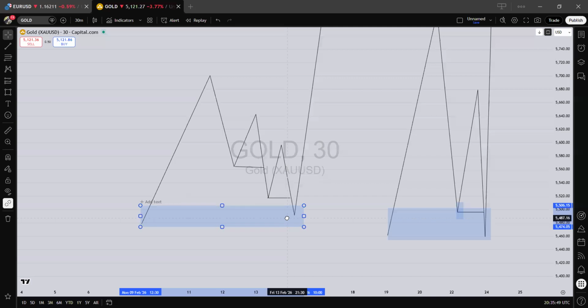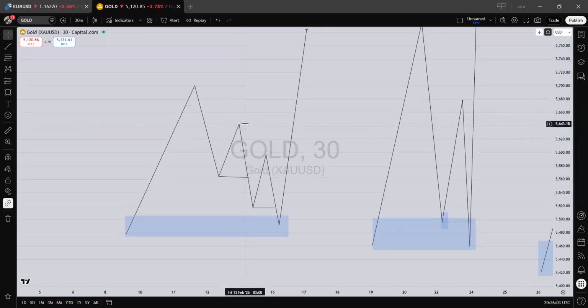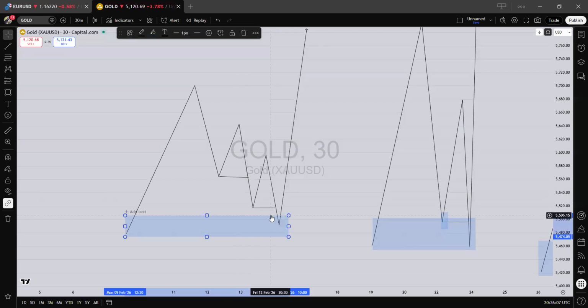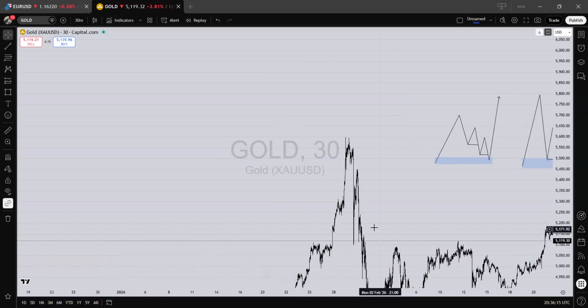We have our POI, and then we have engineered liquidity, 2 breaks before the POI. Like what happened here. An example of 2 breaks is here.